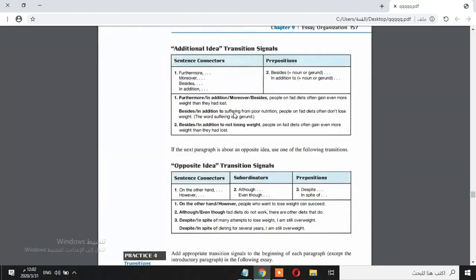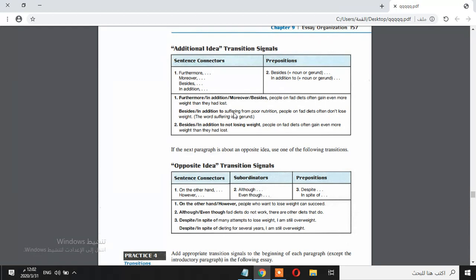This is the idea. Here we finished with the idea of addition. We have another idea, which is the opposite idea. I mean that the second sentence contrasts or opposes the idea mentioned in the first sentence.